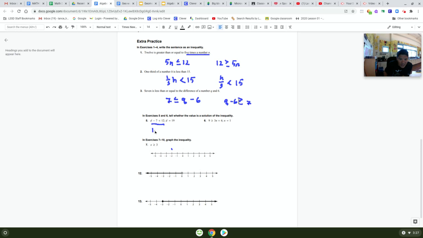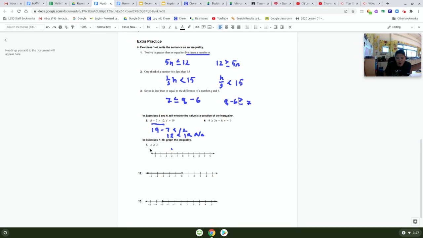I want to check if 19 minus 7 is less than 12. 19 minus 7 is 12. Is 12 less than 12? It's actually not. So no, 19 is not a solution. 12 is less than or equal to 12, but that's not part of the inequality. So that's what you do for that type of problem.